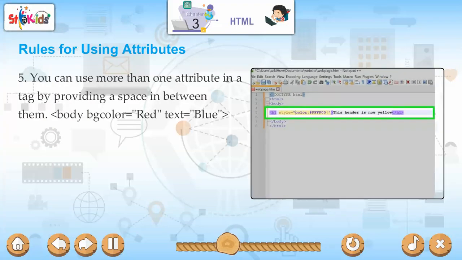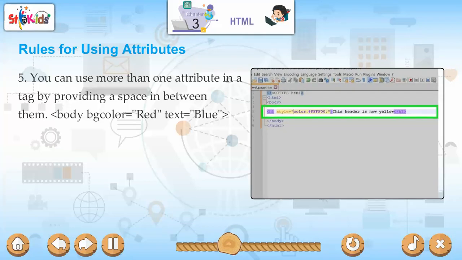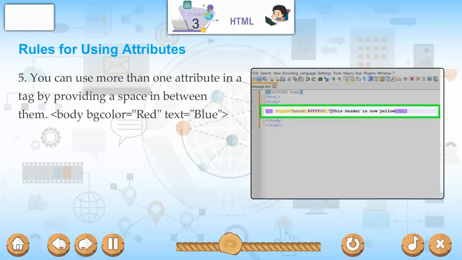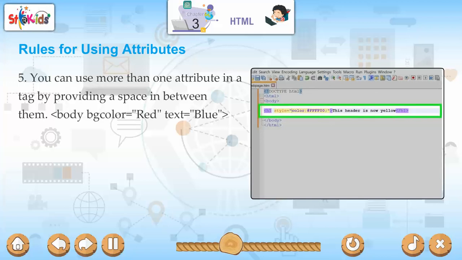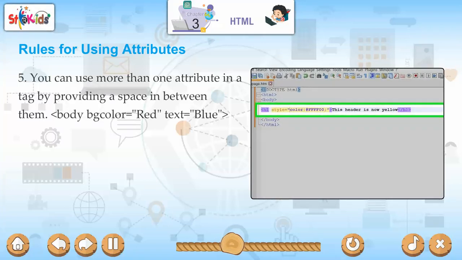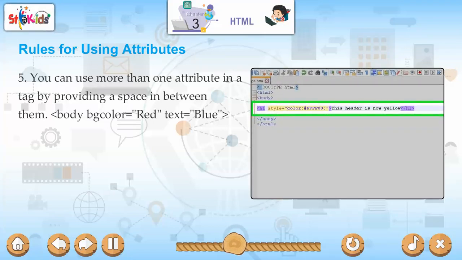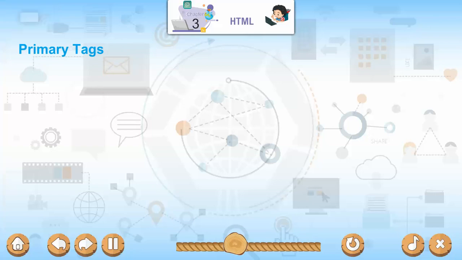Fifth, you can use more than one attribute in a tag by providing a space in between them. <body bgcolor="red" text="blue">.